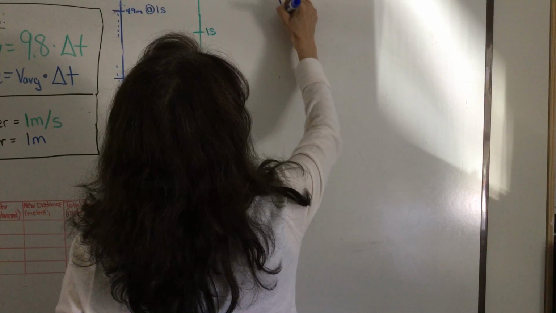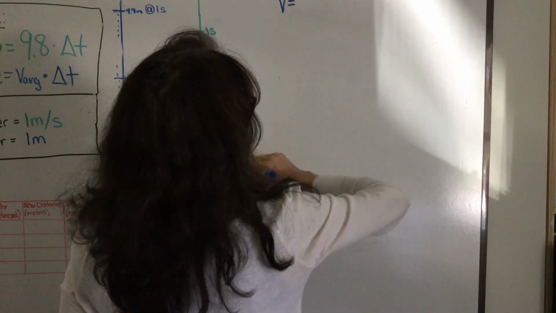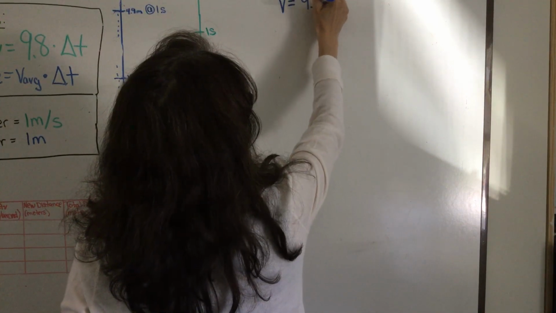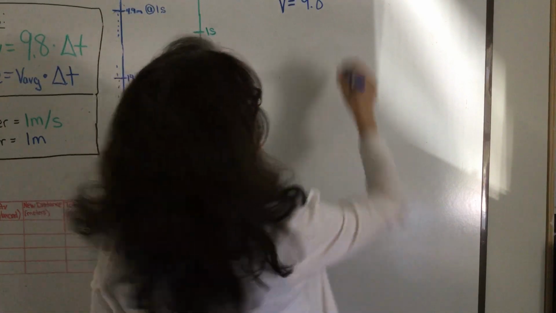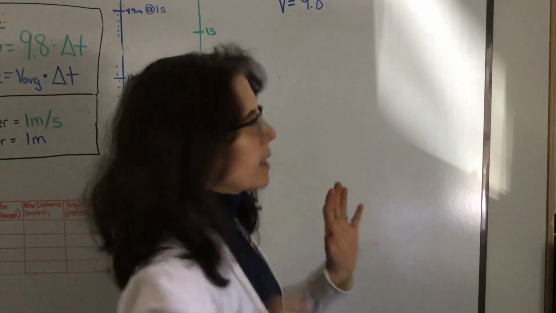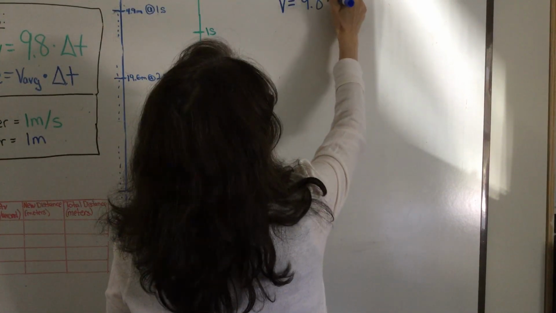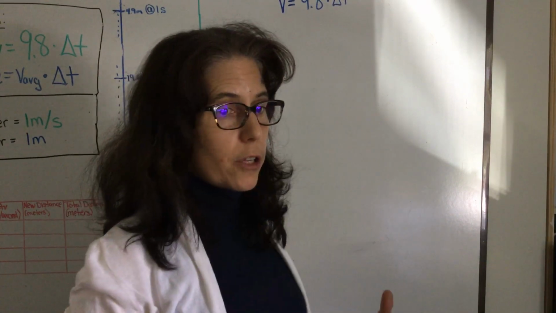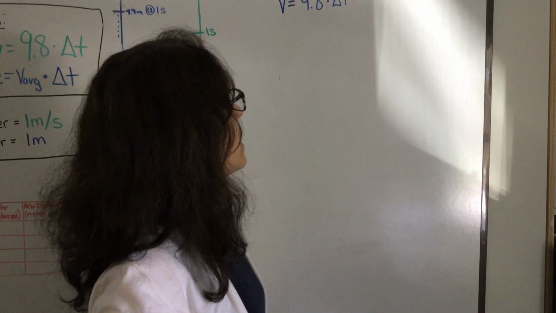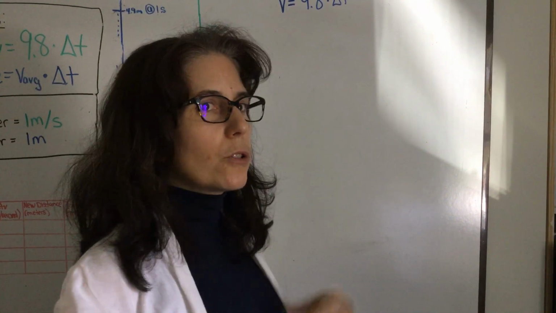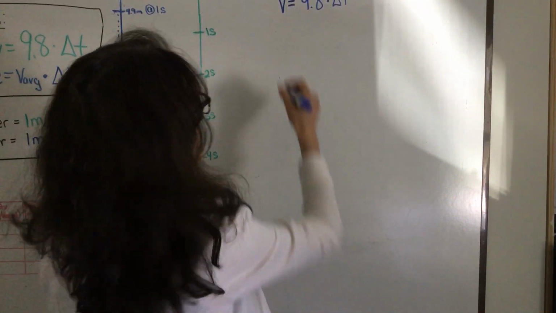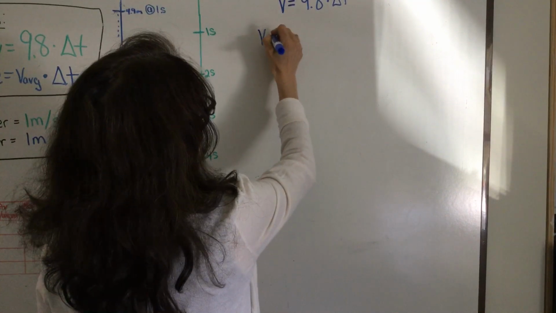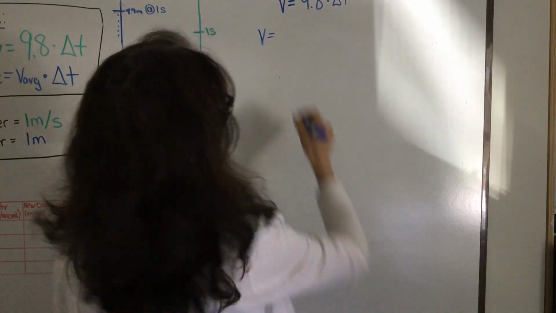So velocity equals 9.8, remember that number, meters per second squared. I'm not going to write that down. We could write that down and show how the units cancel out, but I don't want to do that right now. I just want to show you how to calculate the numbers. So velocity equals 9.8 meters per second squared.